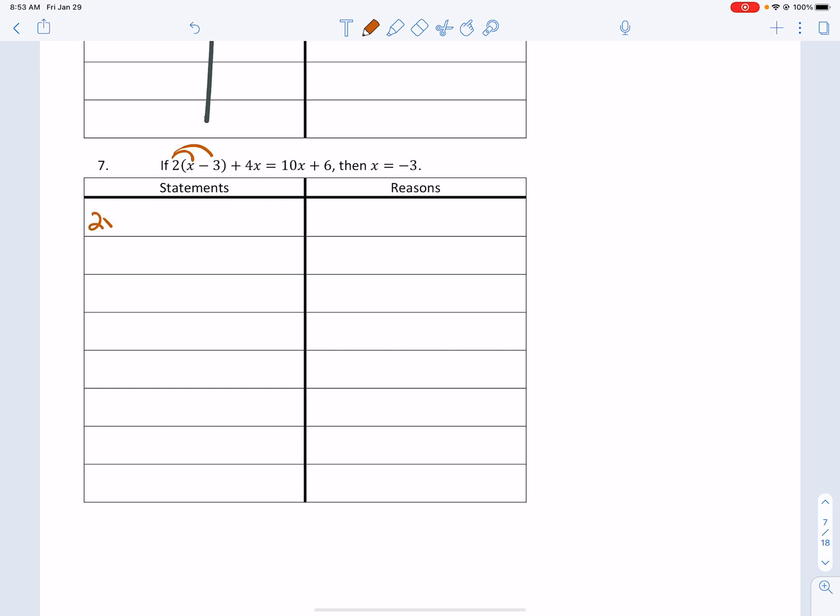So that would give me 2x minus 6 plus 4x equals 10x plus 6. And what did I do? I did the distributive property. Okay, now I like to always get my like terms together on one side. So this is going to be 6x minus 6 equals 10x plus 6. So I just combined like terms.